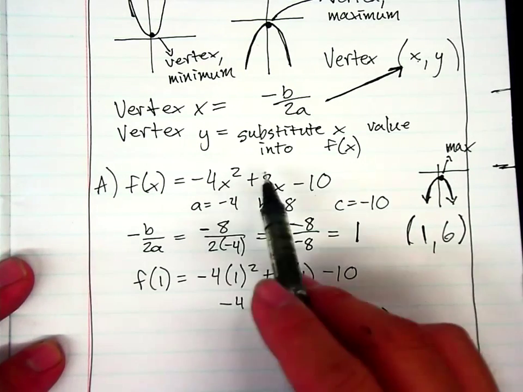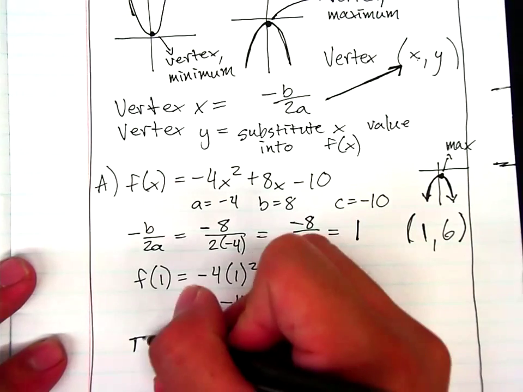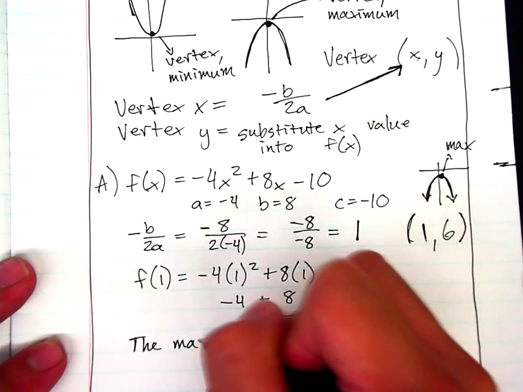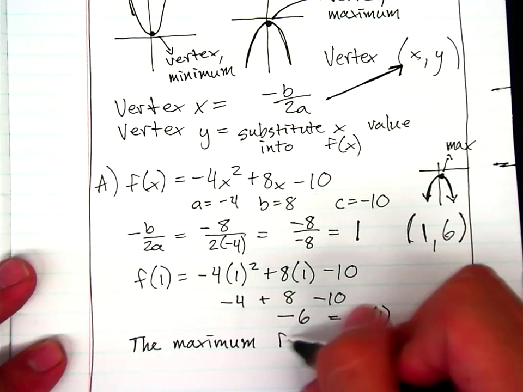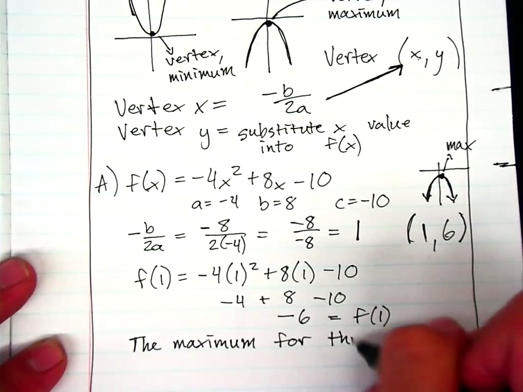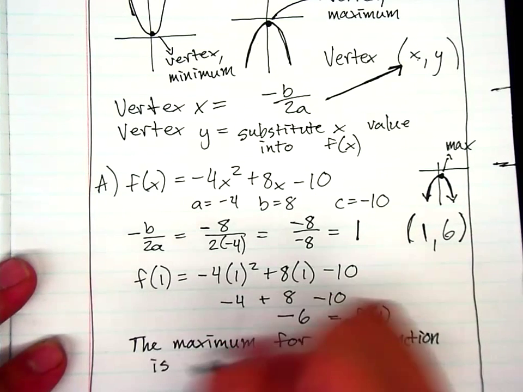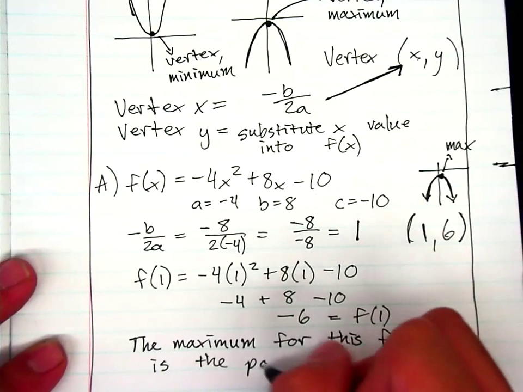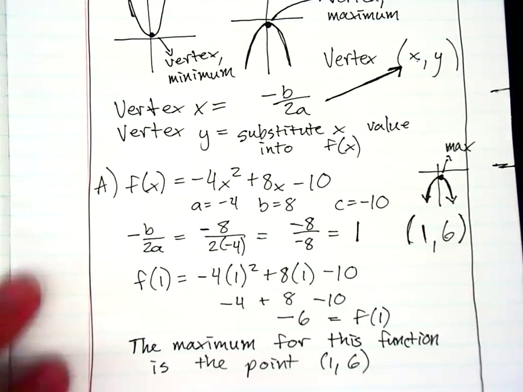And I know my parabola is pointing downwards, so my minimum, or the maximum, sorry, maximum for this function is the point 1, negative 6. Okay?